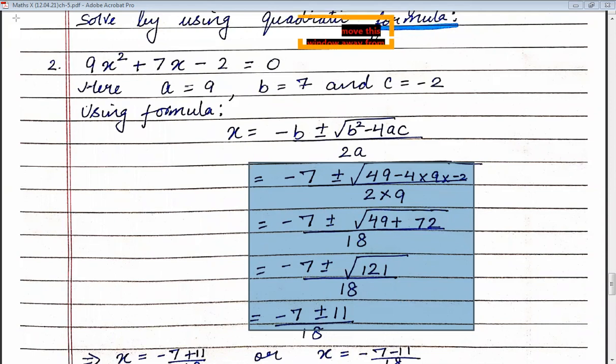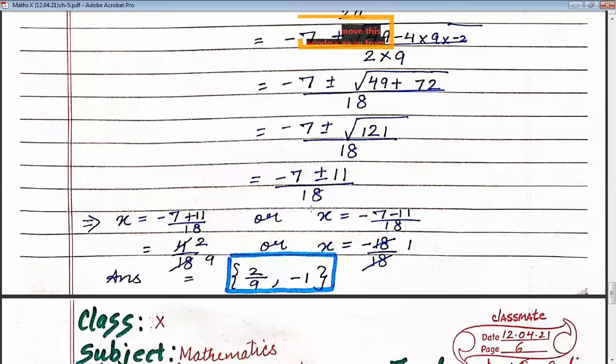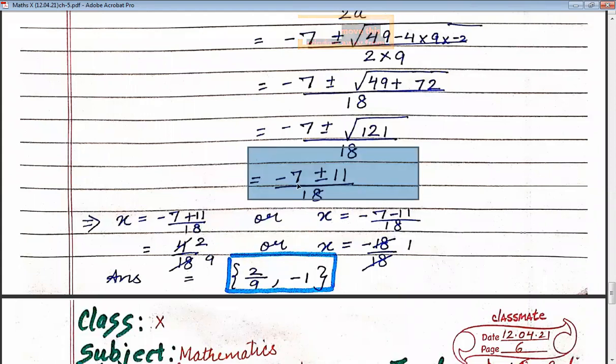Now children, here there is plus minus, so it means from here you will get two values. The first solution will be minus 7 plus 11 upon 18, and the second root will be minus 7 minus 11 upon 18.